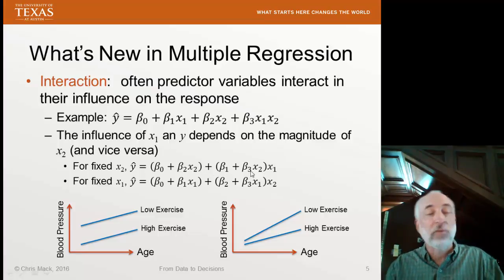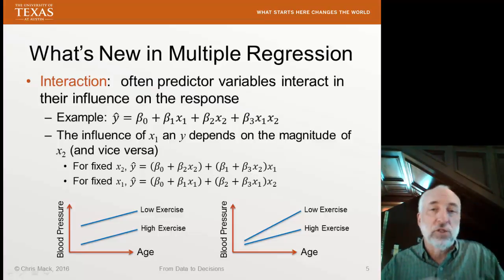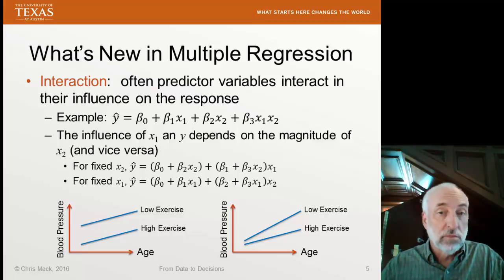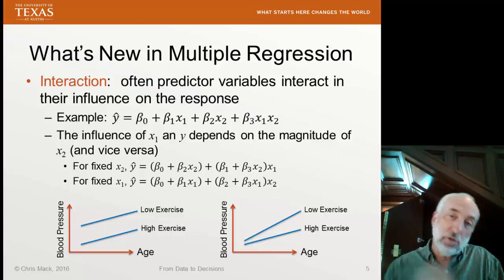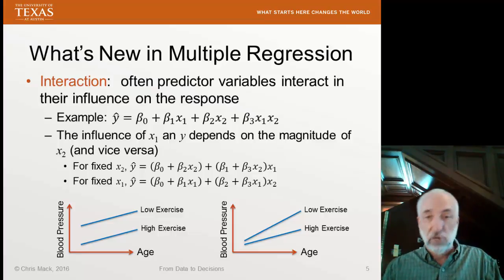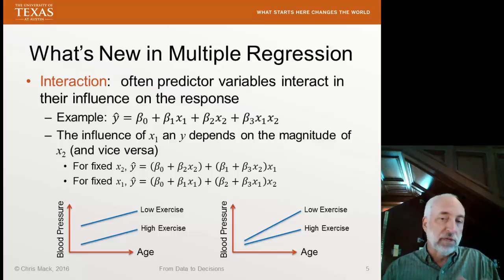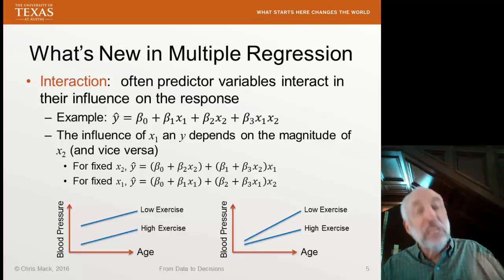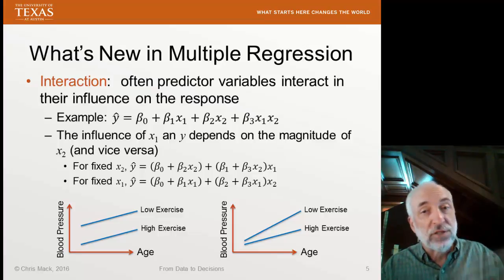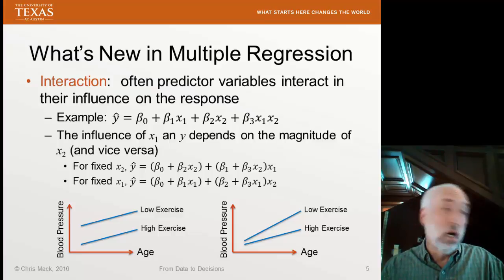So beta 3 is not 0. And of course, we can have situations where all of these parameters in the model are significant, and beta 0, beta 1, beta 2, and beta 3 are all non-zero. Both the intercept and the slope will vary with both variables. So this is what interaction does. It really does add a lot of complications to the interpretation of the responses.